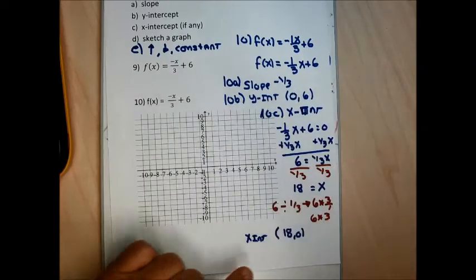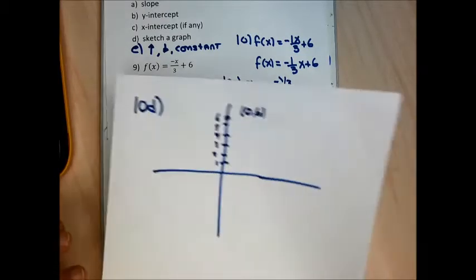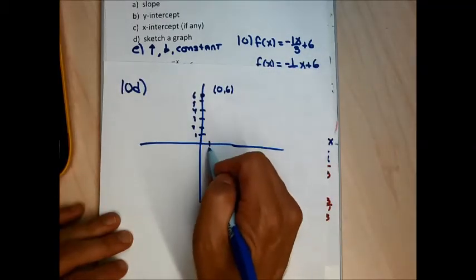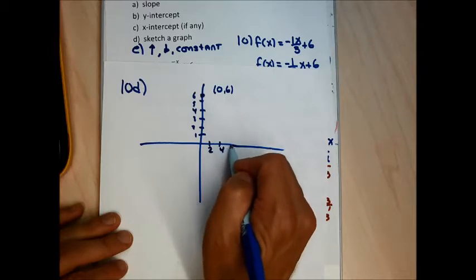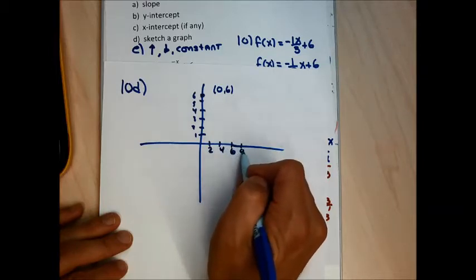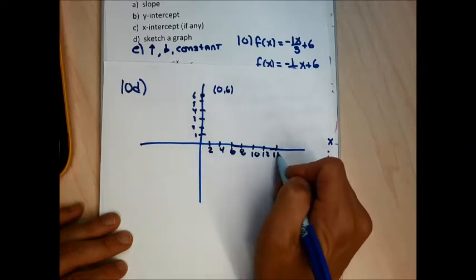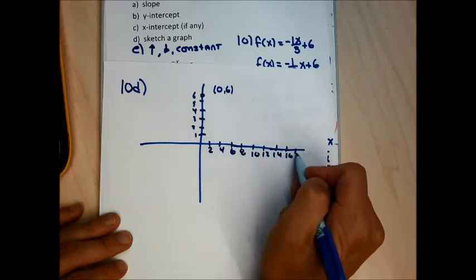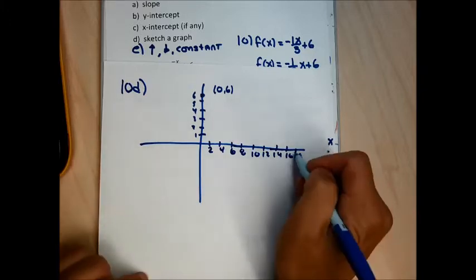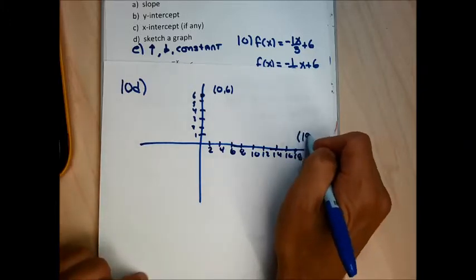And the x-intercept is at 18, 0. I don't feel like making 18 little marks to get to 18, so I'm going to mark by 2 on my x-axis. So my x-intercept is the point 18, 0.